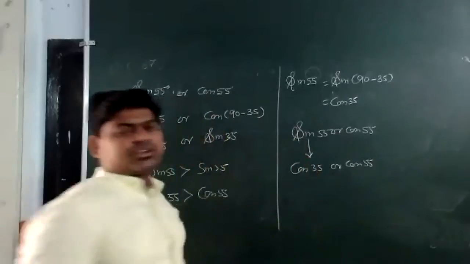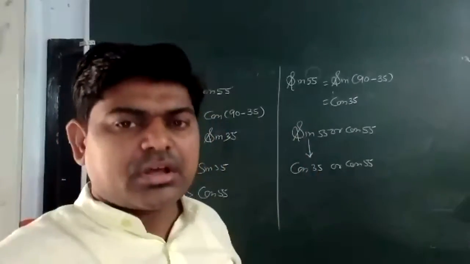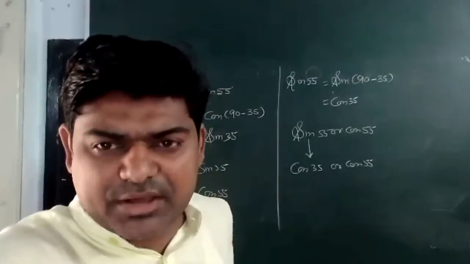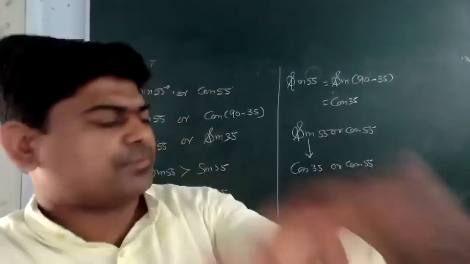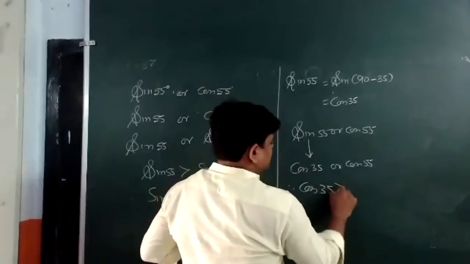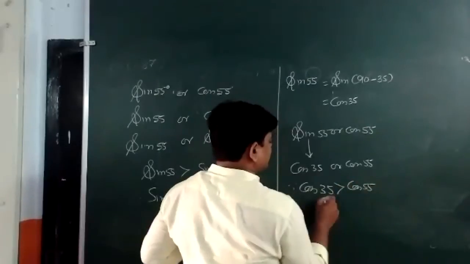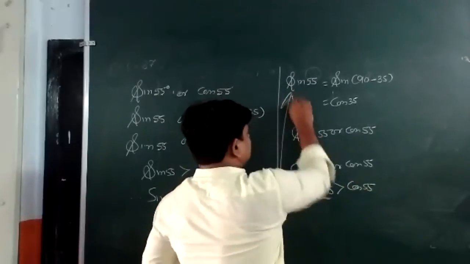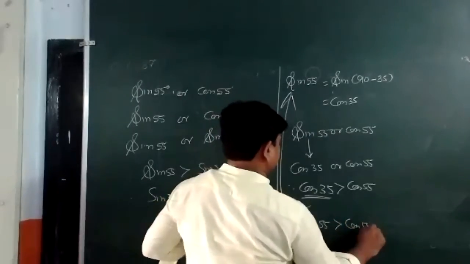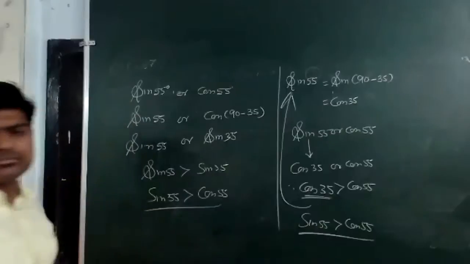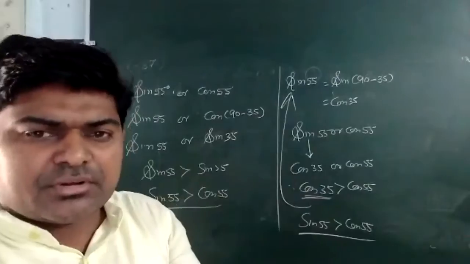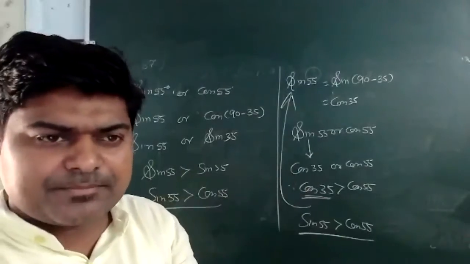Now check, which one is the larger one, cos 35 or cos 55? Definitely cos 35, because it is in decreasing form. So here I will write, since cos 35 is greater than cos 55, therefore sin 55 is greater than cos 55. And see, both results are the same. Only the way of solving is different.